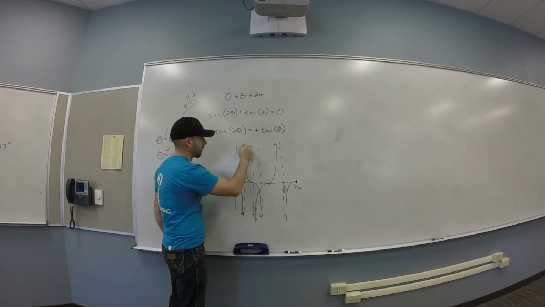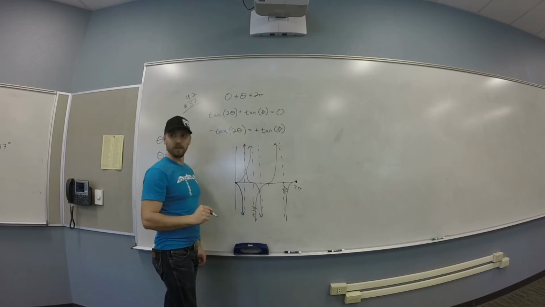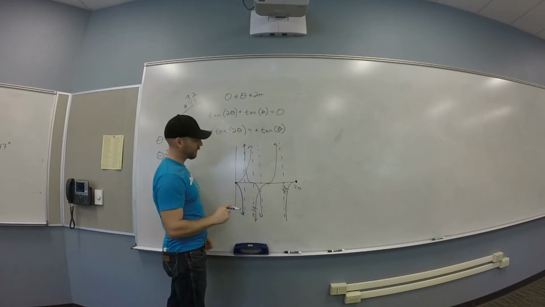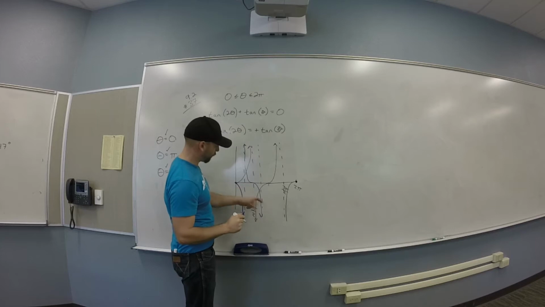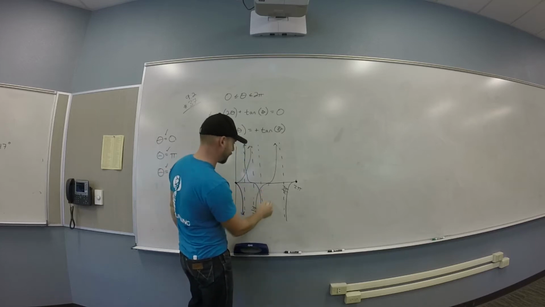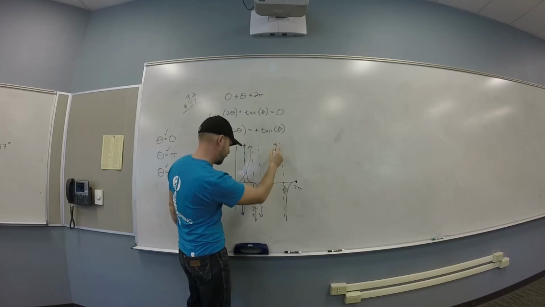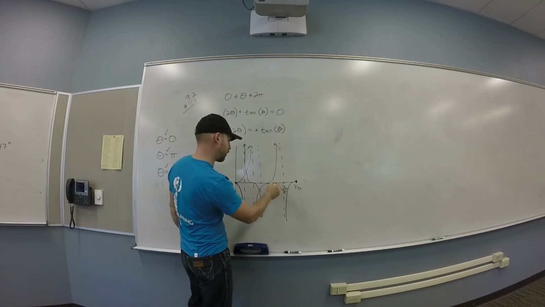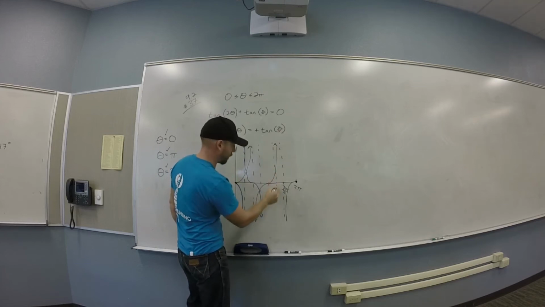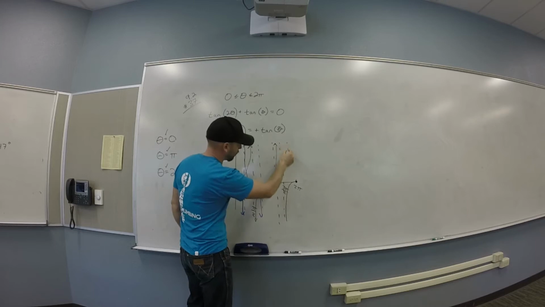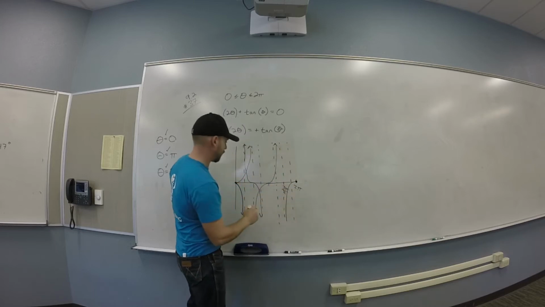Whoa, it's crazy. You guys see that? Yeah. And then I need another one flipped over and drawn in between this and my next one's going to be here. And then there's going to be another one here.